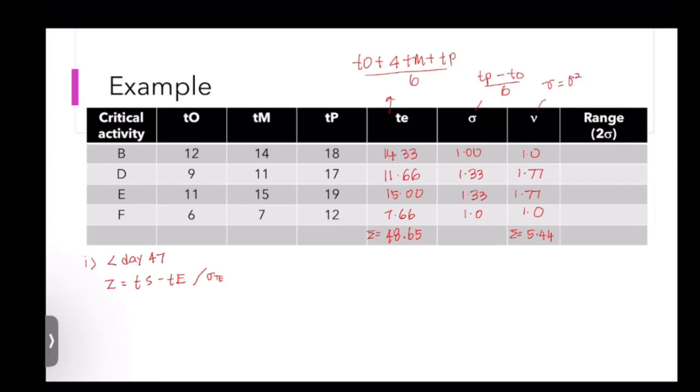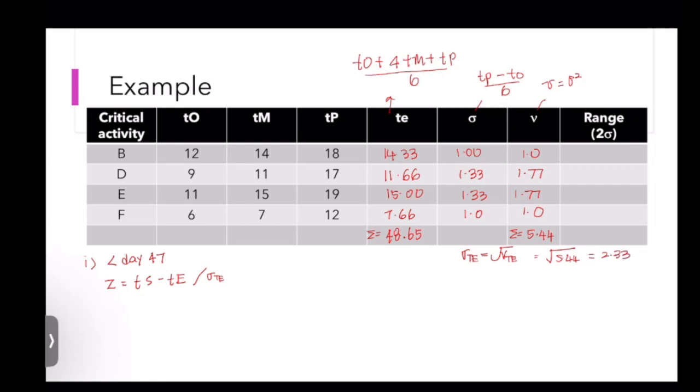48.65. Okay, so the standard deviation for the total expected time is the variance of total expected time to the power of 2, which is equal to 5.44, which gives 2.33.